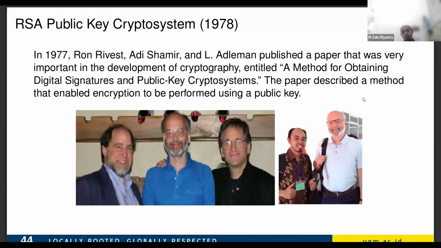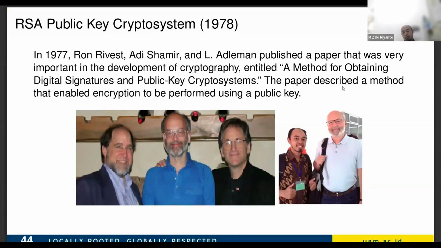So Rivers, Shamir, and Adleman published a paper that was very important in the development of cryptography. The title of their paper is A Method for Obtaining Digital Signatures and Public Key Crypto Systems.